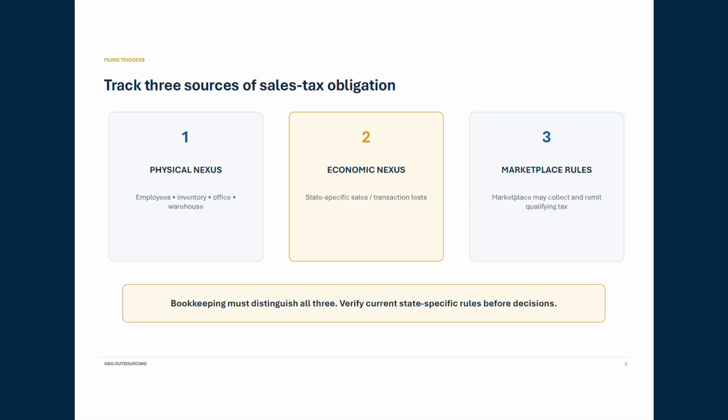Marketplace facilitator rules can shift collection and remittance responsibility to the marketplace for qualifying marketplace sales. The key bookkeeping point is that all the categories must be monitored separately. State-specific rules can change, so always verify the current rule before registration or filing decisions.